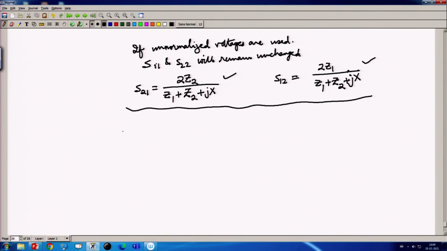We can find S21 as V2 minus by V1 plus, with V2 plus equal to 0, which is Y1 (1 minus S11) by Y2.